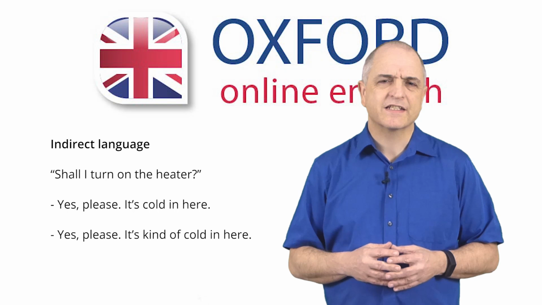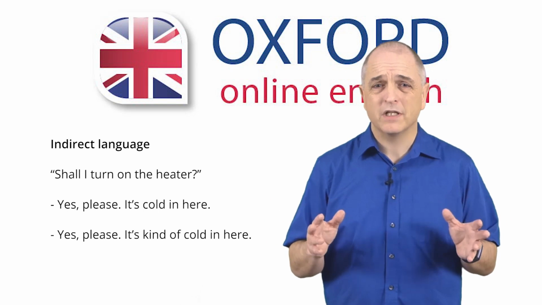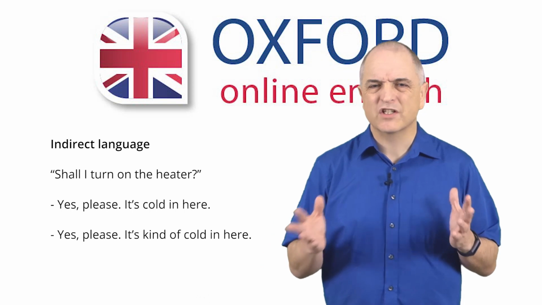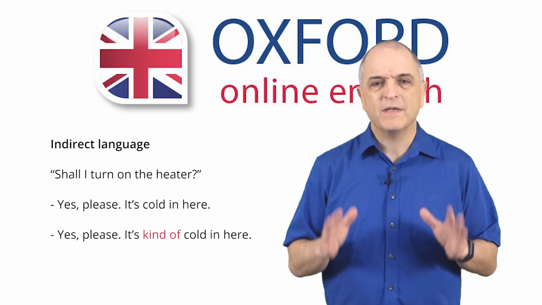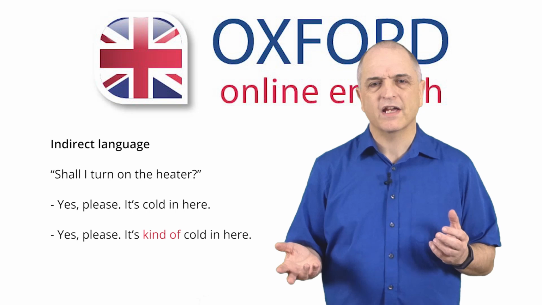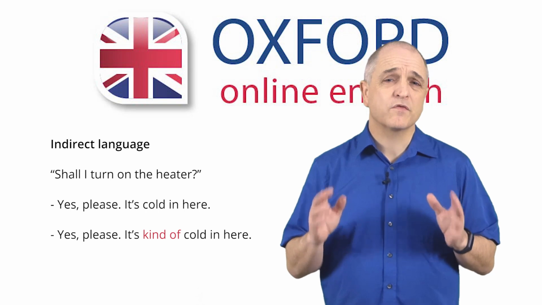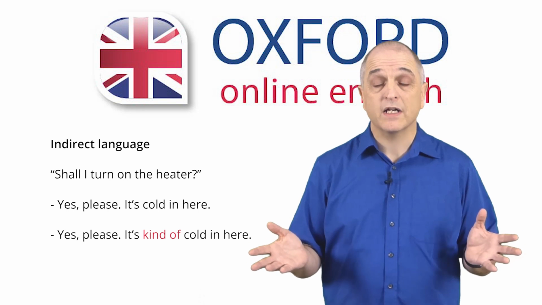The first answer sounds very direct, which could sound impolite. It sounds a bit like criticism. By using the phrase kind of, you make the second answer vaguer and therefore more indirect. You can use the phrases kind of or sort of in this way.